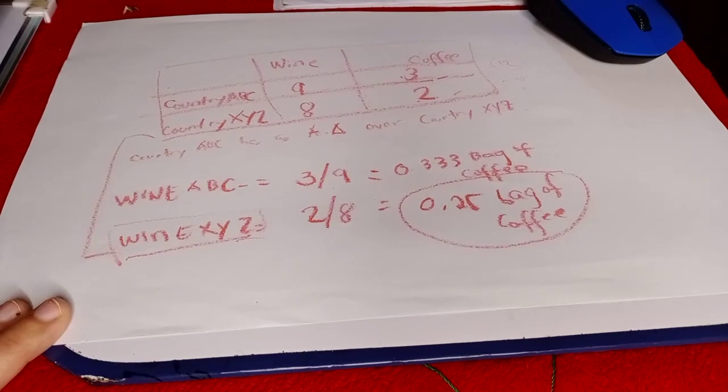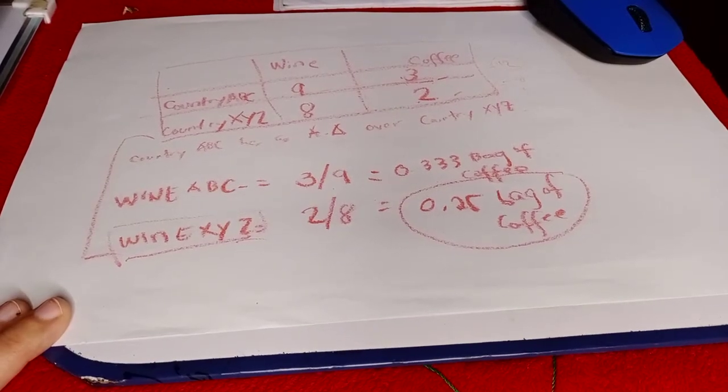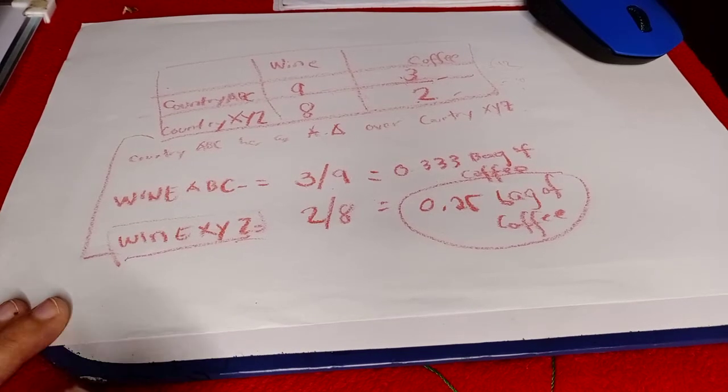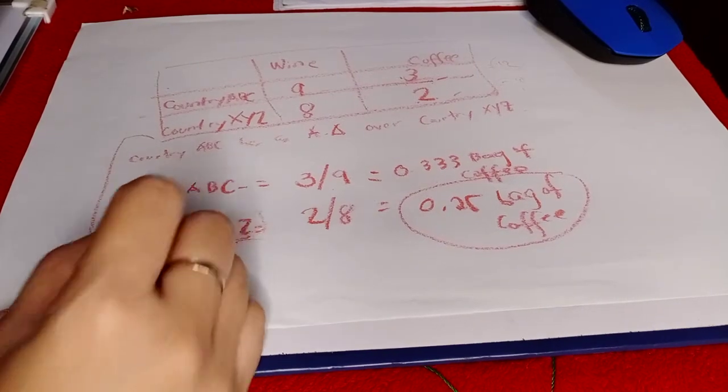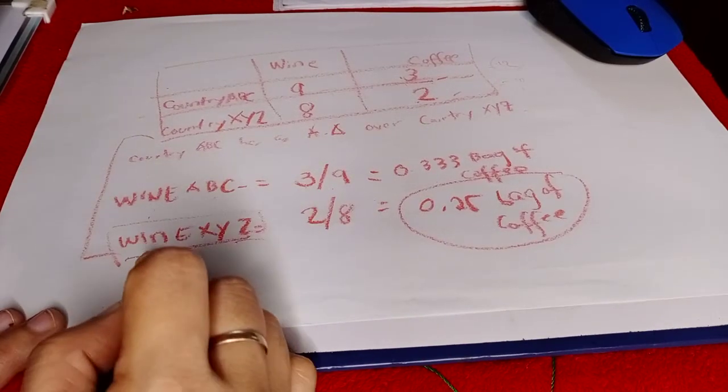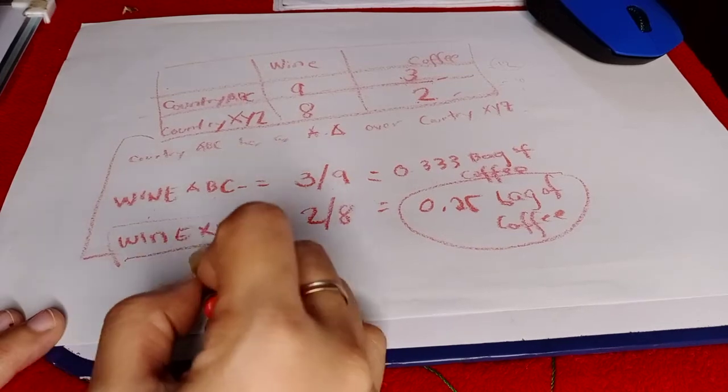We need to calculate first the opportunity cost in producing only wine. So we need to focus first on producing wine in country ABC, so wine ABC, and in country XYZ, wine XYZ.